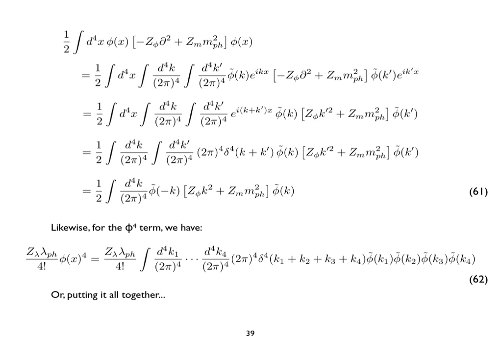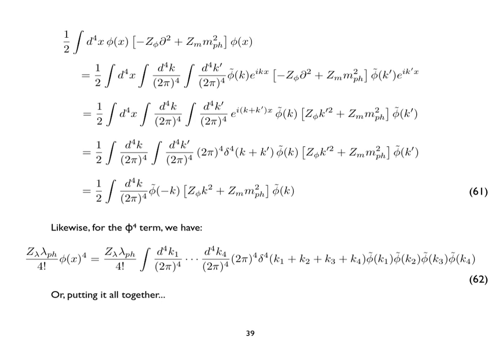Then this exponential with this one is the integral representation of the Dirac delta function. That gives me this delta function, which allows me to do one of these momenta integrals. And so I go from that mess up there down to something that looks like this.